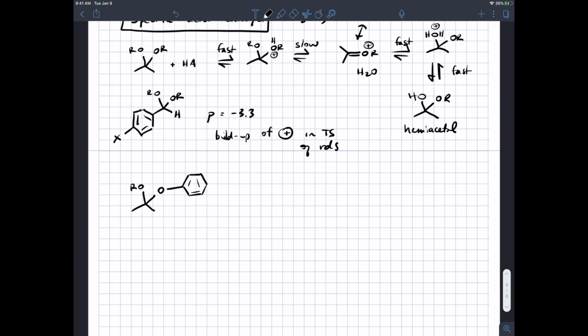What happens here for OR groups that are decent, we tend to see general acid catalysis. And what this means is the acid is involved in the rate determining step. So that would be a beta elimination step. As the leaving group leaves, it gets protonated by the acid, and that's the slow step.